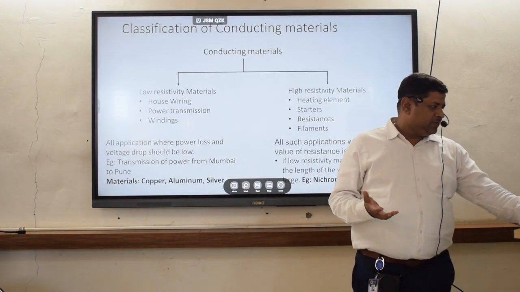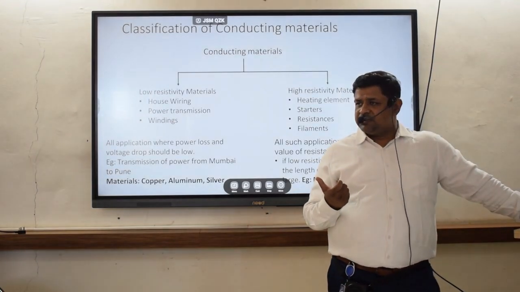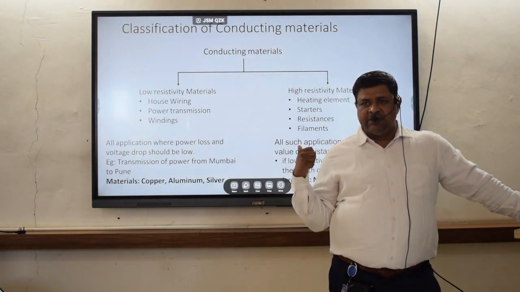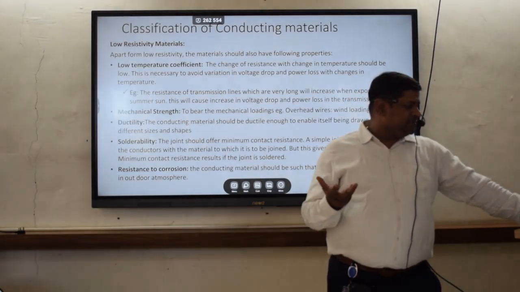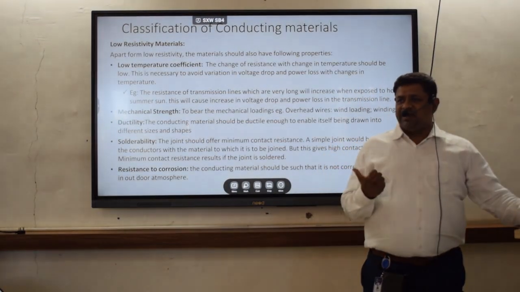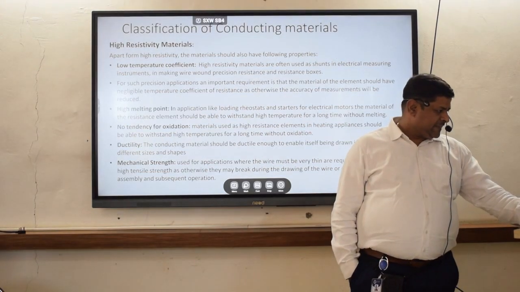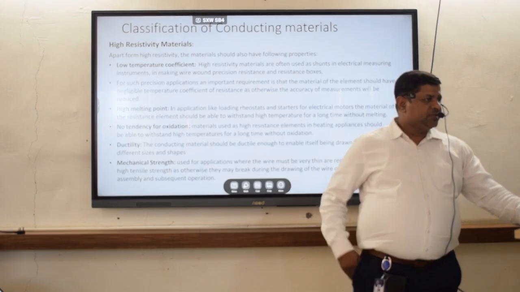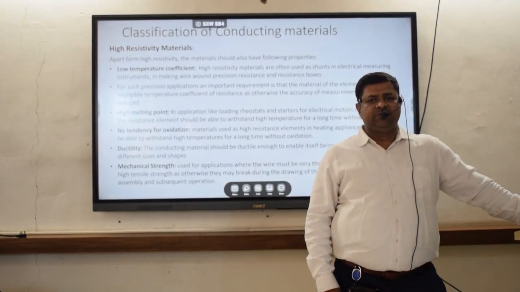Then you can give the classification of conducting materials with suitable examples. This slide is sufficient for that. Then explain the properties of low resistivity materials and the properties of high resistivity materials.